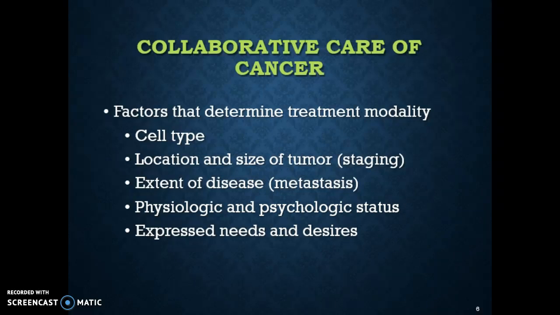Whether the patient is in good physiological and psychological status, or if they have significant problems with other health concerns that make treatment very difficult. And truly what the patient's expressed needs and desires for treatment are.